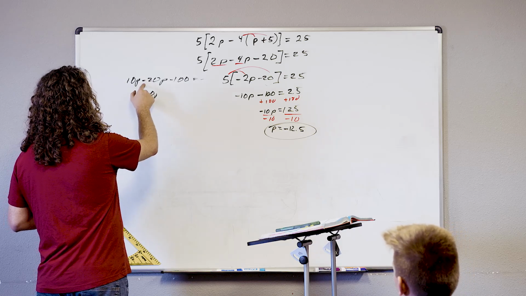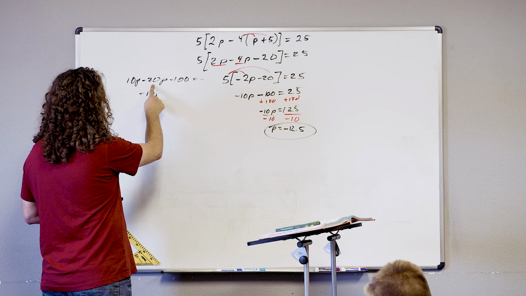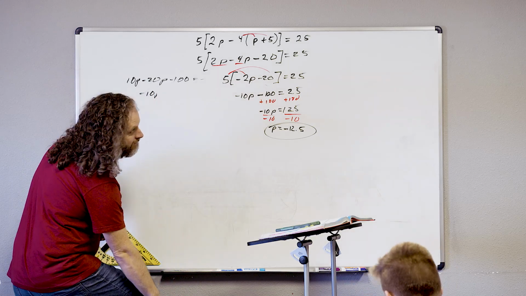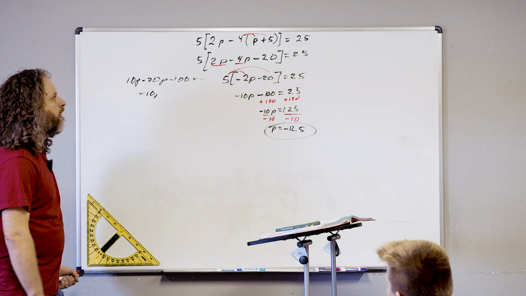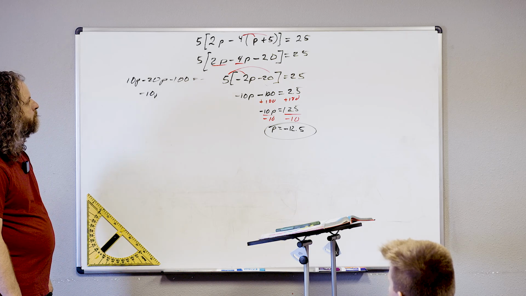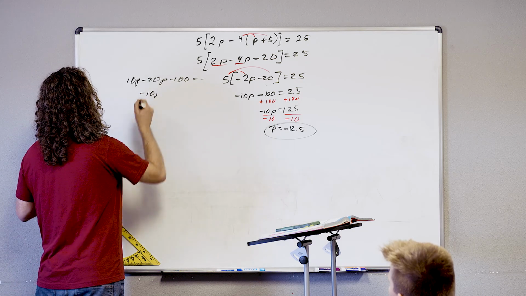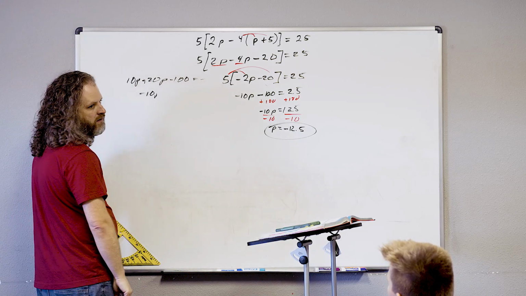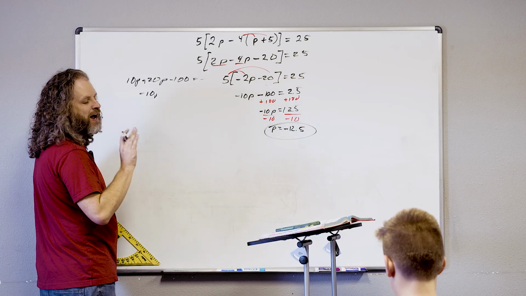You made this positive maybe. Because 10 plus 20 is 30. It's because I added the 20p, and then I got 30p. Yeah, this is what you actually did. No, stop and listen.